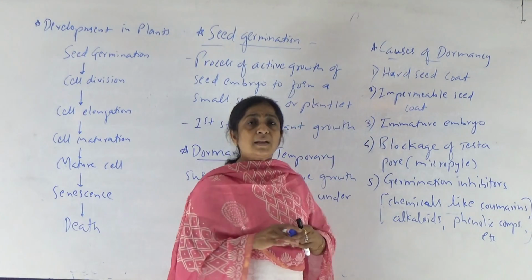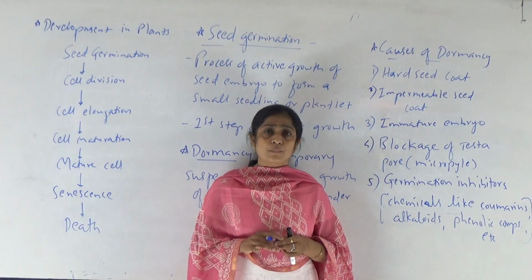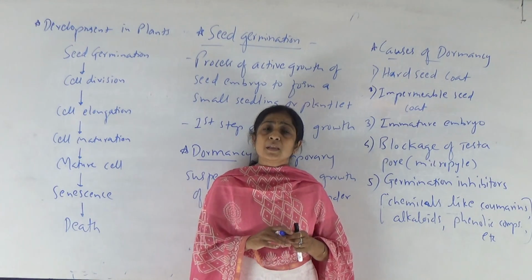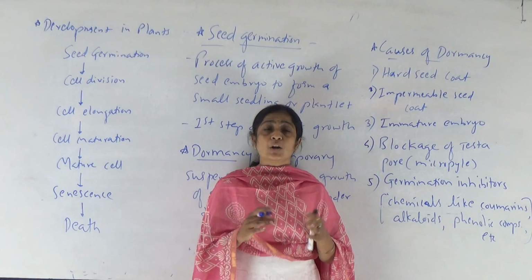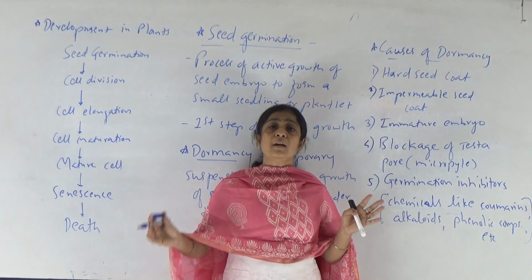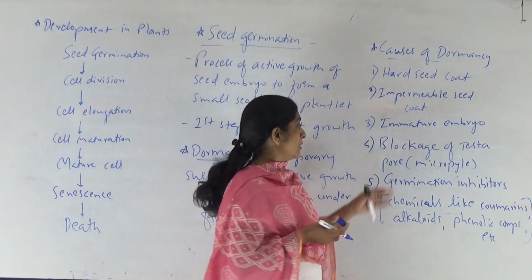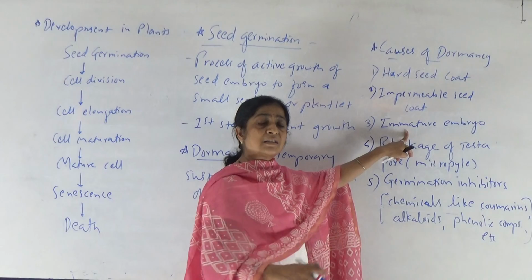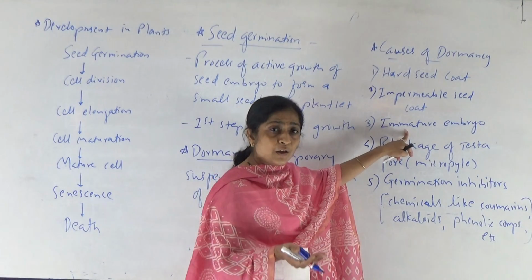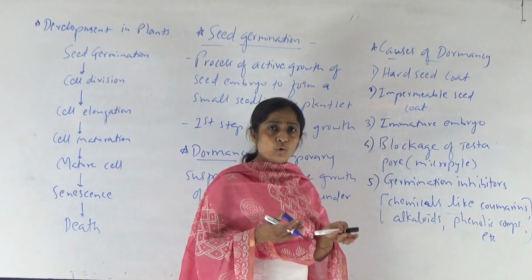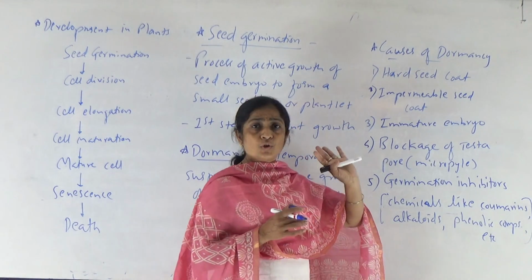Immature embryo, sometimes the fruit is formed or the ovary is completely ripened, but inside the seed, the embryo is not properly developed, or does not have its complete growth. So this kind of seed containing an immature embryo requires some extra resting period during which it can complete its embryo growth, and then the seeds are able to germinate.